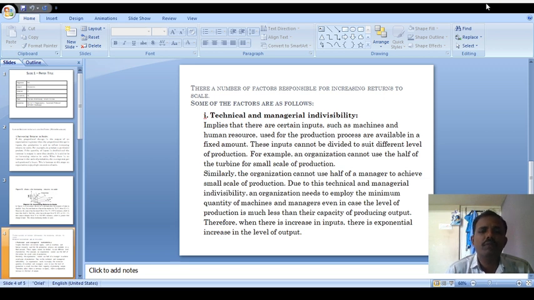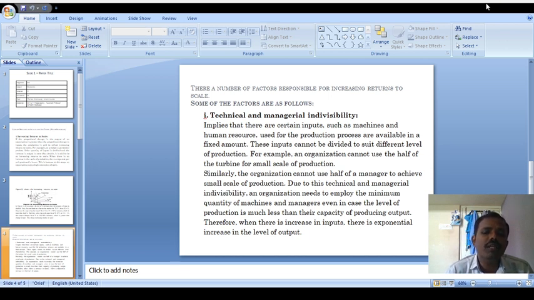For example, machines and human resources cannot be divided. The organization cannot use half of a turbine, and similarly cannot use half of a manager to achieve small scale production. Due to this technical and managerial indivisibility, an organization needs to employ the minimum quantity of machines and managers even if the level of production is much less than their capacity of production.